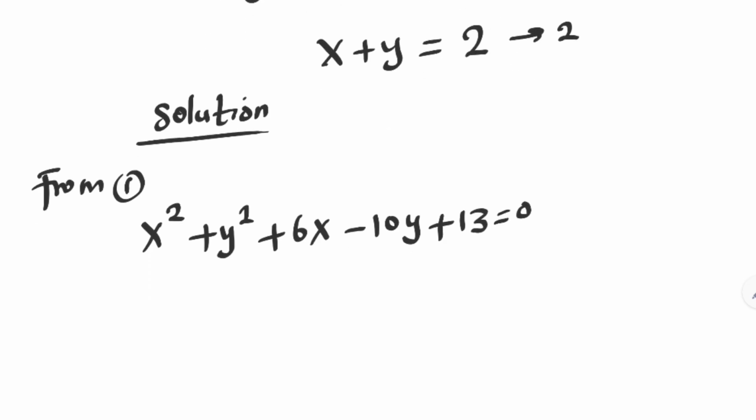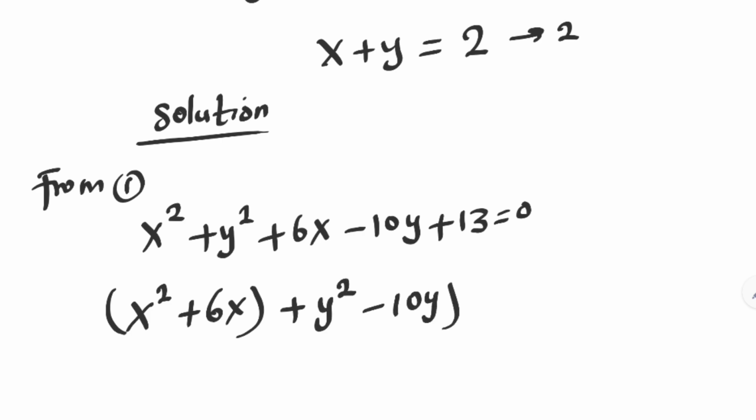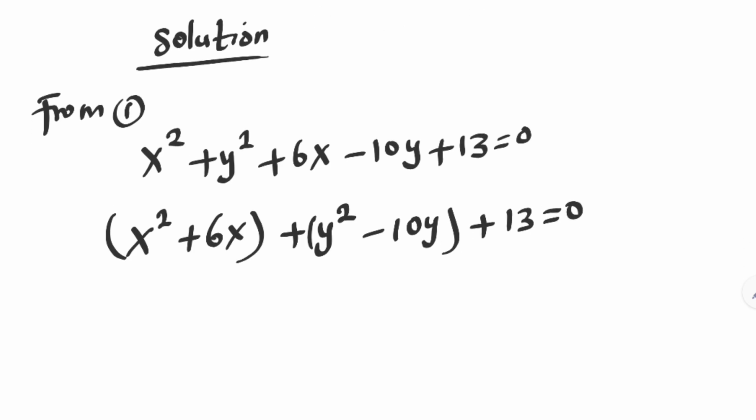Let us compare. We have the bracket x squared plus 6x, bracket, plus the bracket y squared minus 10y, bracket, plus 13 is equal to 0. Now we need to complete the square.